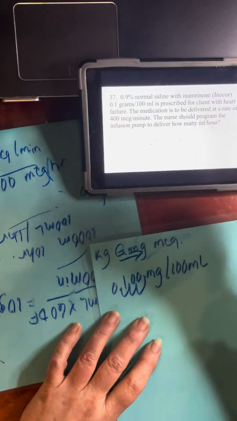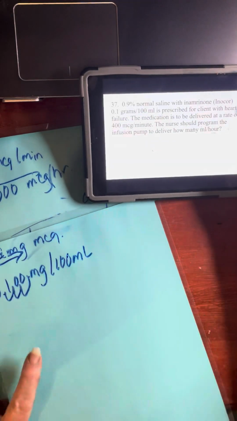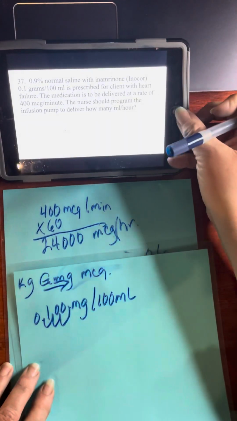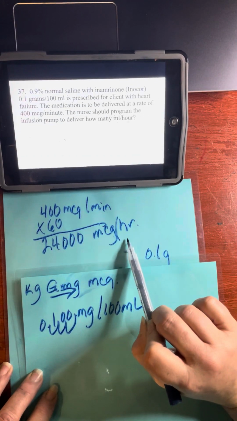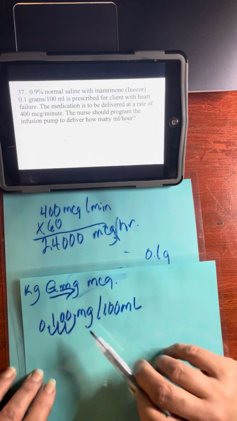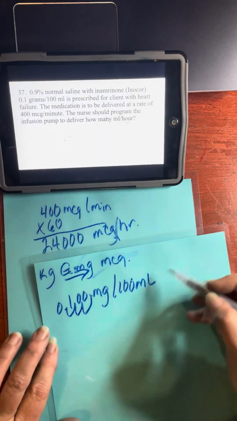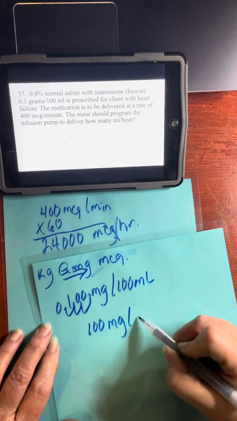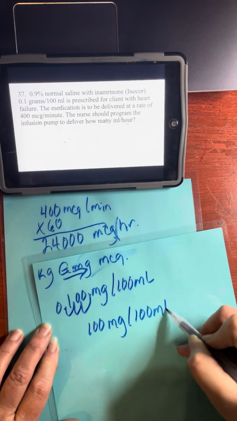Now back over here, after we found out how many micrograms per hour, I'm going to convert these micrograms to milligrams, because now I know that what I have on hand is 100 milligrams per 100 milliliters.